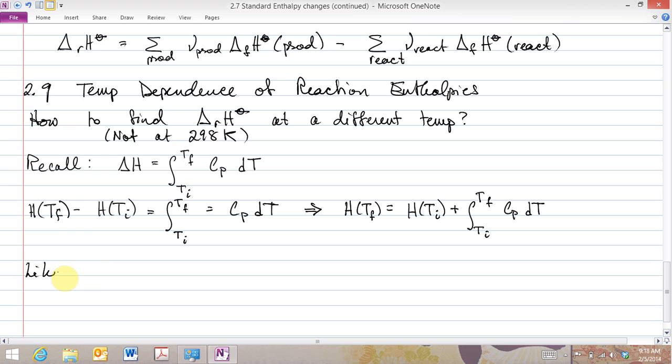Now, like the fact that we have the change in standard enthalpy of a reaction as being the sum of the enthalpies of the products, and I put a bar over there to show that we're talking about the molar enthalpy.